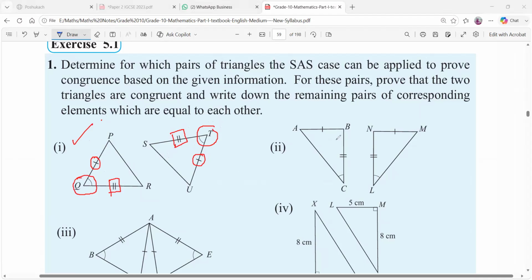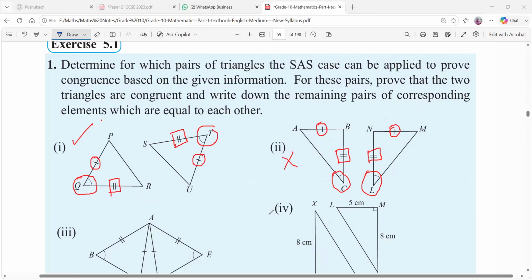Second one, what can you say? First, these two sides are equal to each other. Next, these two sides are equal to each other. But unfortunately, this angle is equal, the same place, but it should be the included angle.